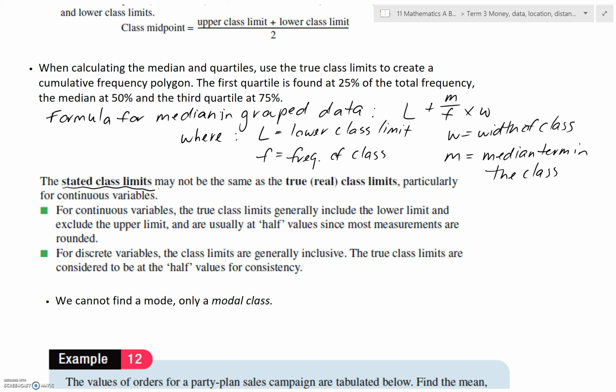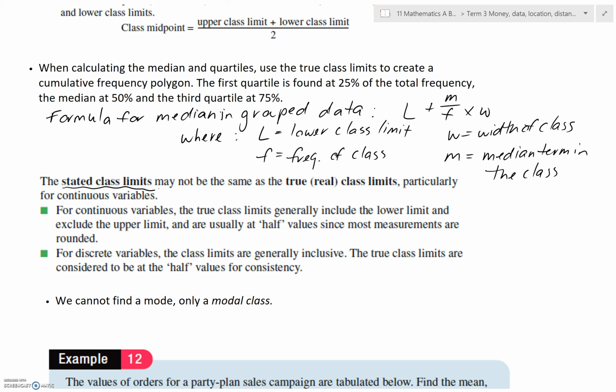For continuous variables, the true class limits generally include the lower limit and exclude the upper limit, and usually at half values, because really it's half of the value below that as well. For discrete variables, the class limits are generally inclusive, and the true class limits are considered to be at half values for consistency. Now, it may be very difficult, so we'll look at an example to see.